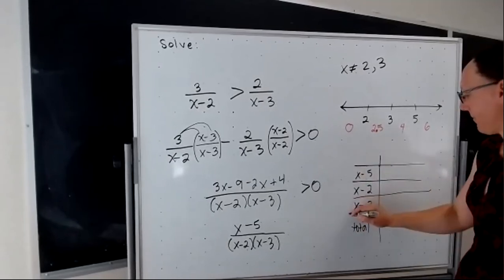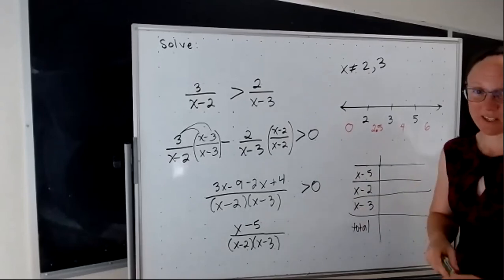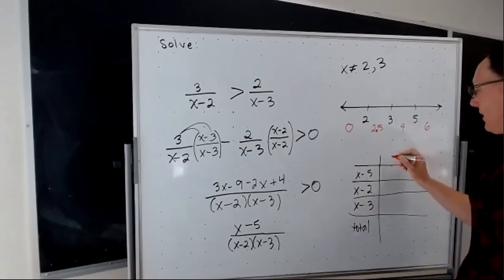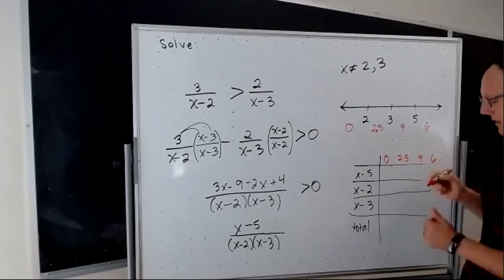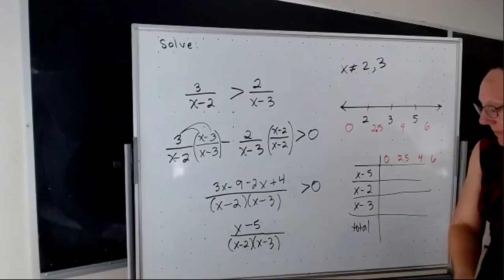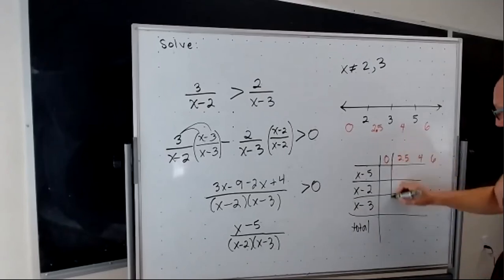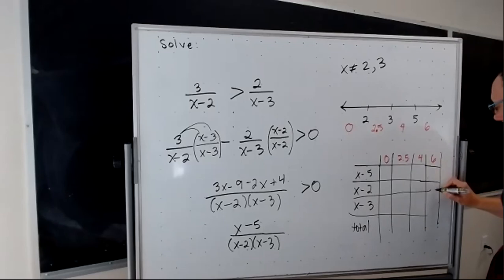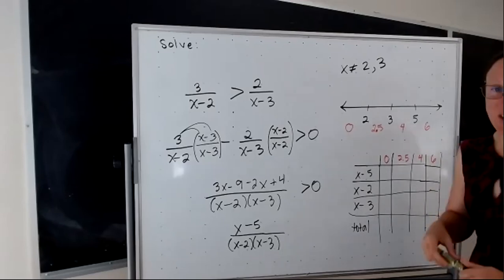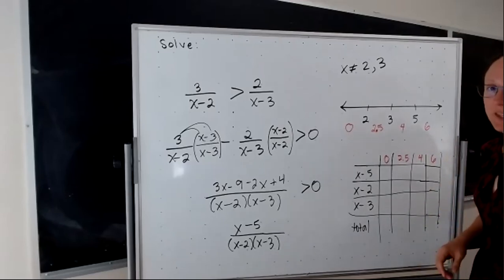And I'd have my test points of 0, 2.5, 4, and 6. And then I start plugging numbers in.